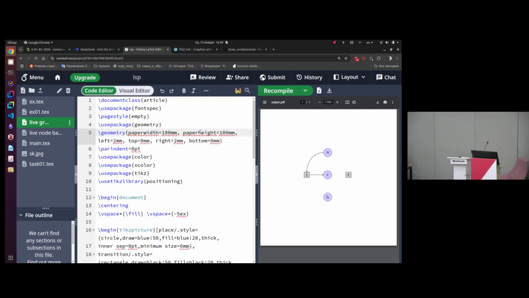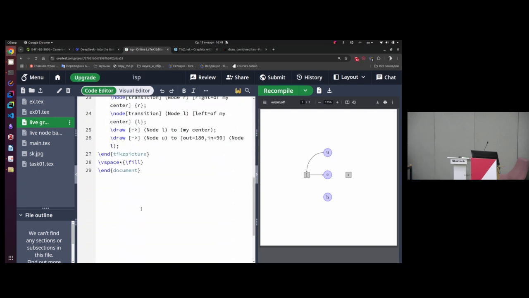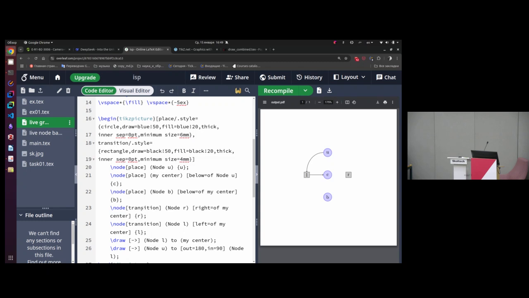Let's compile it. So you have the source code for this picture. Let's look at this picture. First of all, what we see at the start of this picture: a lot of properties. At the start of the picture, we set the style for the whole picture. We want to have two types of nodes in our graph.